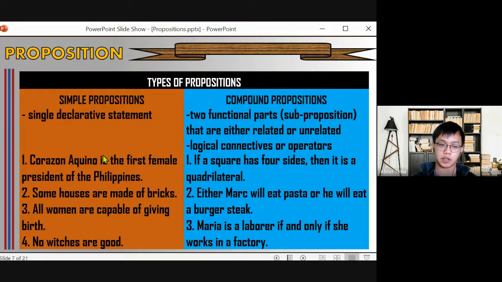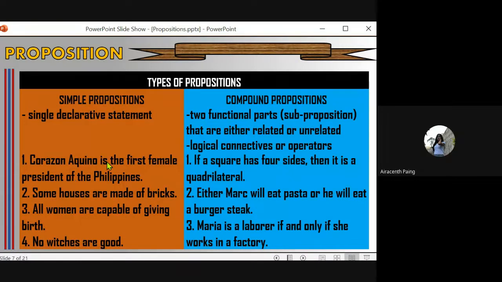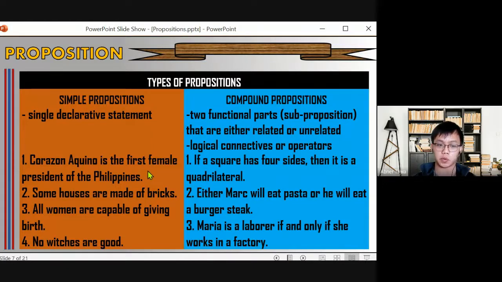Okay, let's have here examples of simple propositions. Miss Ira, please read number 1. Corazon Aquino is the first female president of the Philippines. Okay, so that is one example. Number 2, Miss Dulinan, please read.